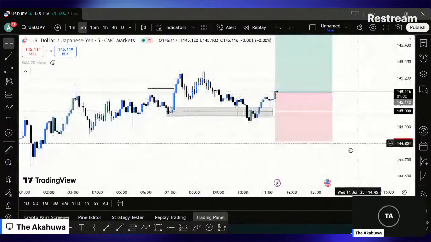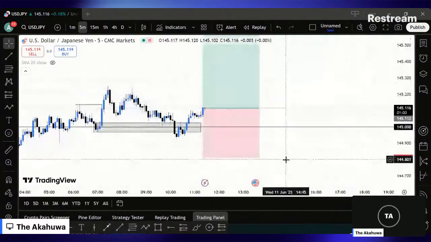So I'm going in for a buy on this USD JPY. I'm in for a buy.